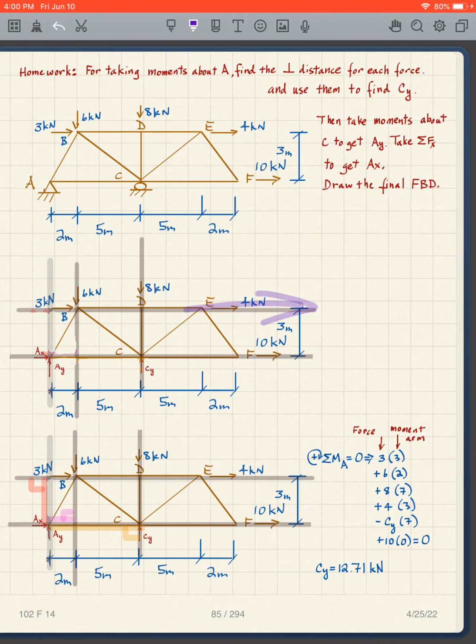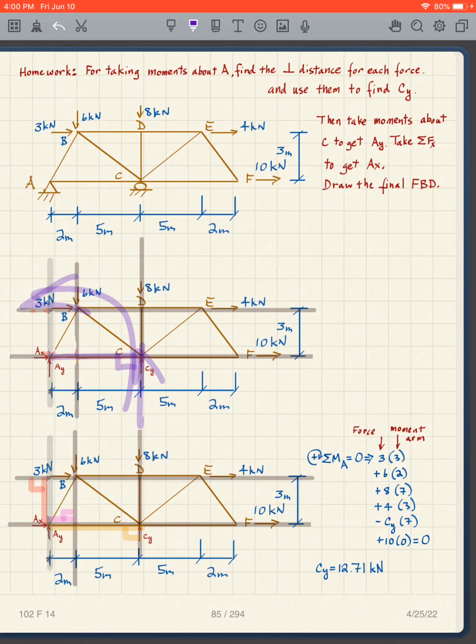Here's my 4. It works along that line of action. It has this perpendicular distance, which is 3. And as I look at this, it's going to turn that hand like that, clockwise. So it's going to be positive 4 times 3. And then I've got my CY here. There's my perpendicular distance.